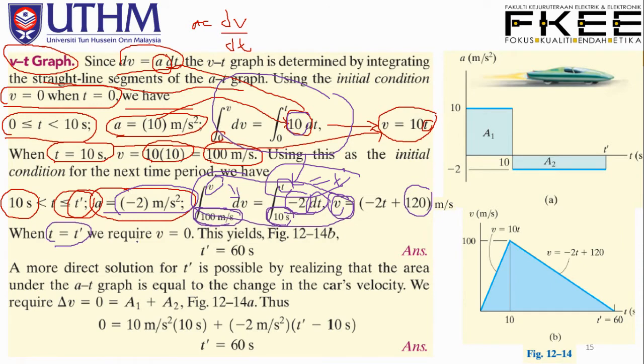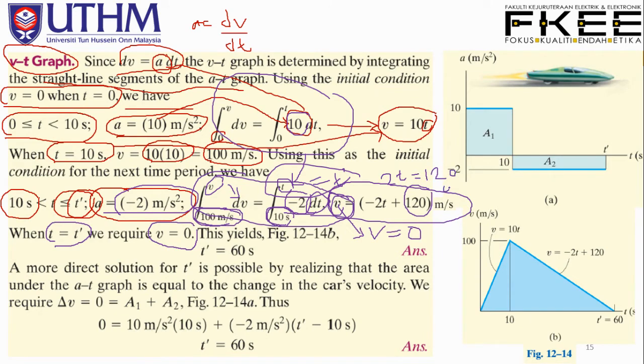In this, t is actually t prime. So we require v equal to 0. From this equation we give 0 value at v, so then we have minus 2t plus 120. So you have 2t equal to 120.